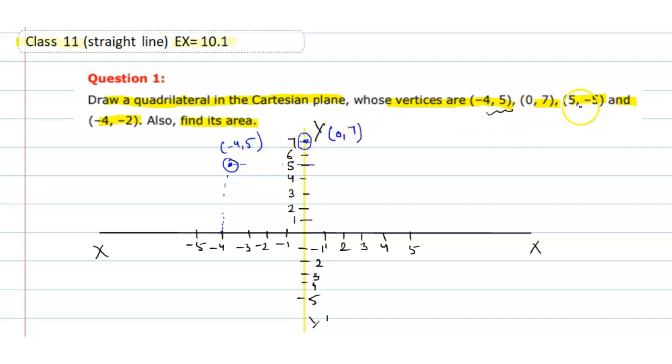Next is (5, -5). 5 is here and -5 is on the negative y-axis. So here we will draw the point (5, -5), and the last point is (-4, -2). -4 is on the negative x-axis and -2 is here. So this point is (-4, -2).